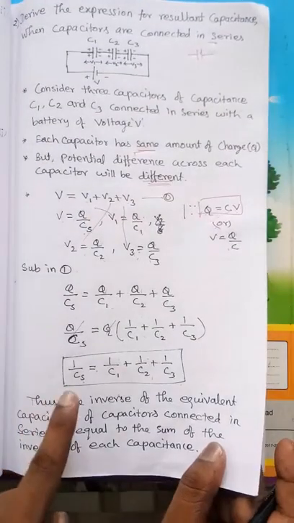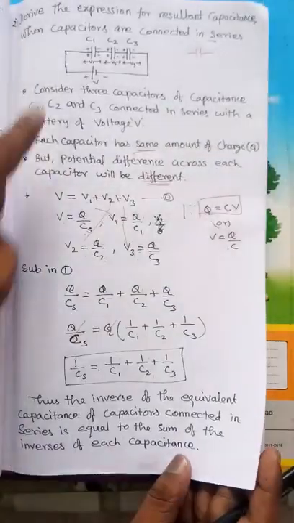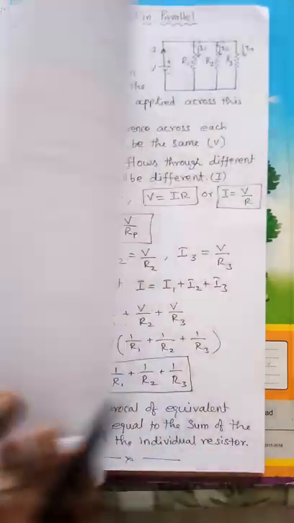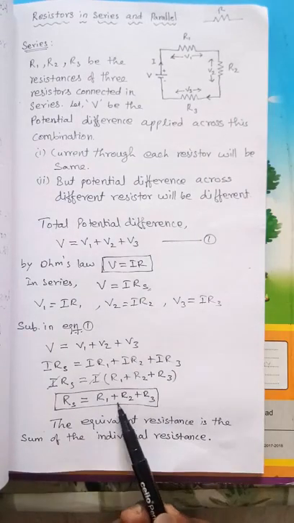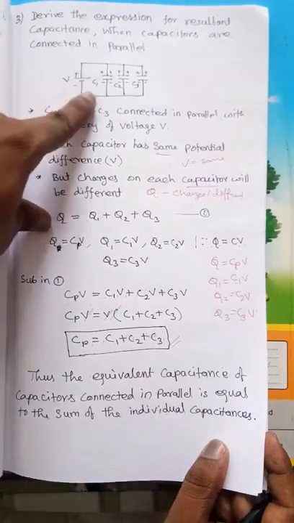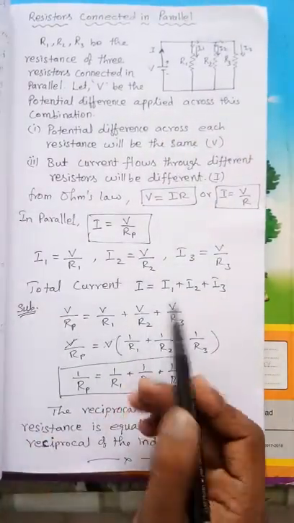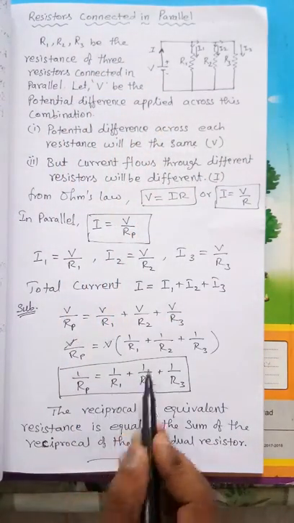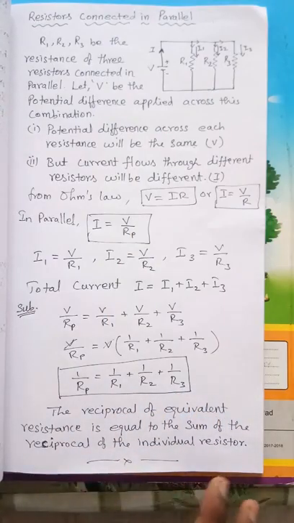Don't confuse, because this is a capacitor and this is for resistors. Capacitors in series means 1 by Cs, 1 by C1 plus 1 by C2, but resistors in series means R1 plus R2 plus R3. Capacitors in parallel means C1 plus C2 plus C3, adding. But resistors in parallel means 1 by R1 plus 1 by R2, the opposite. Don't confuse. Very important 3 mark questions.